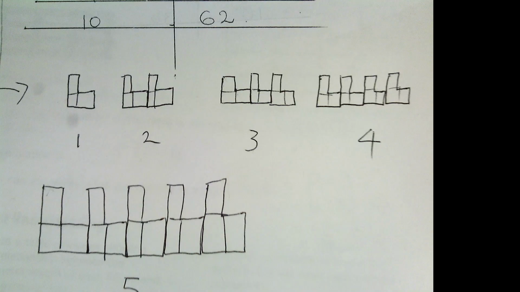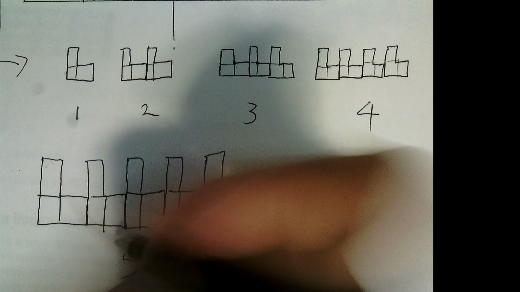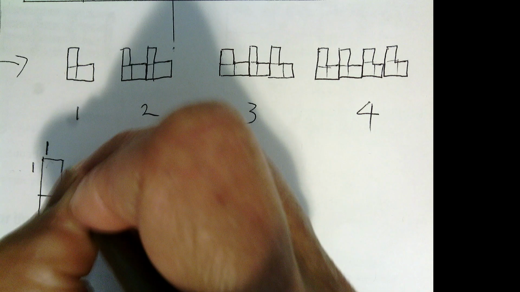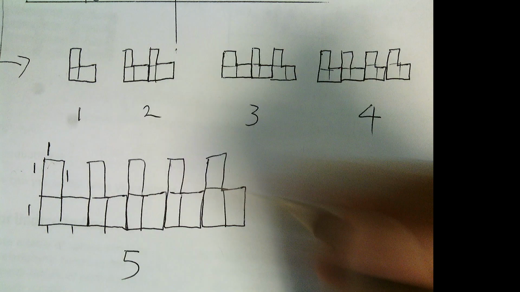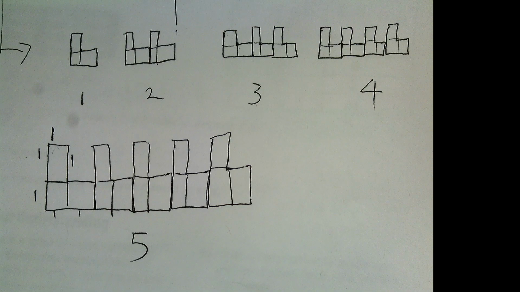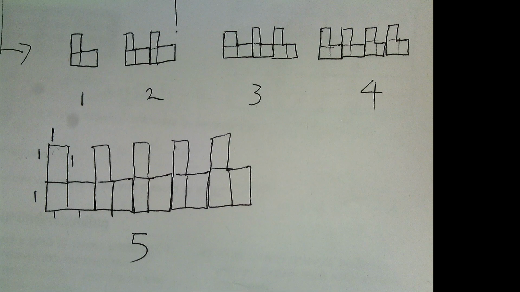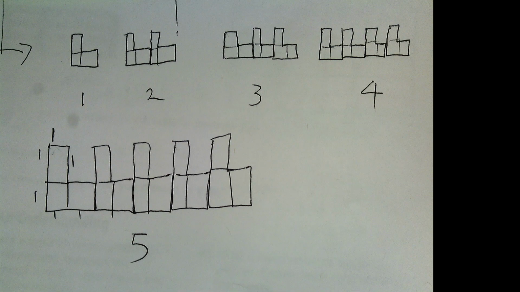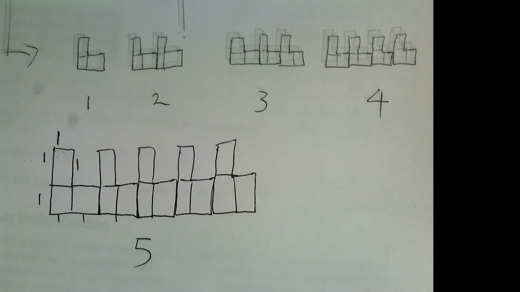Then you count the number of units, 1, 1, 1, 1, 1, 1, and so on and so forth. Your answer should be what? 32. And then I'm expecting you, hopefully, to follow the same idea and draw diagram 6.